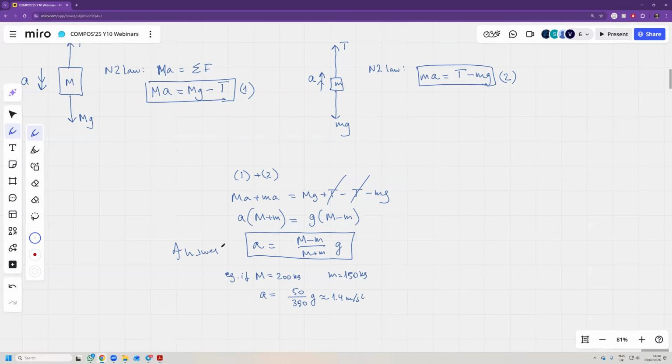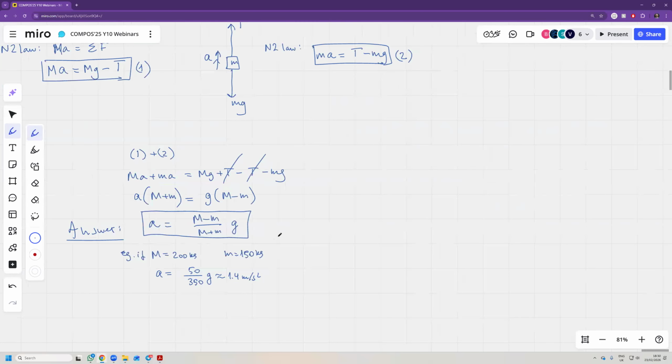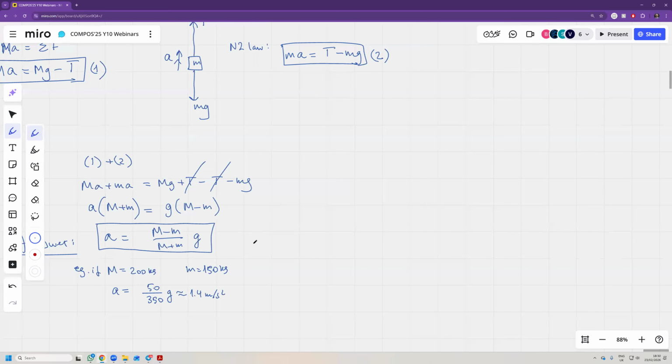And then tension. You can work out tension from any of the equations.